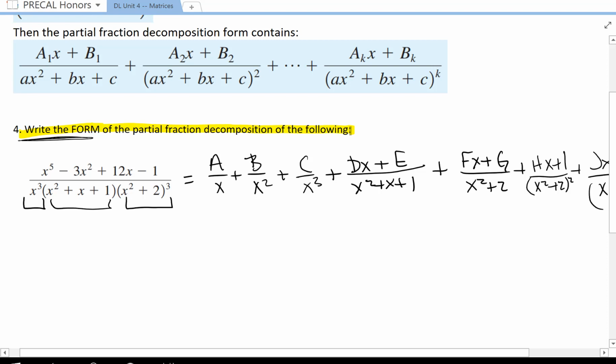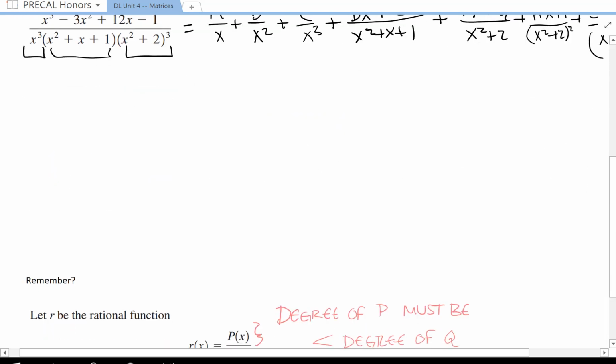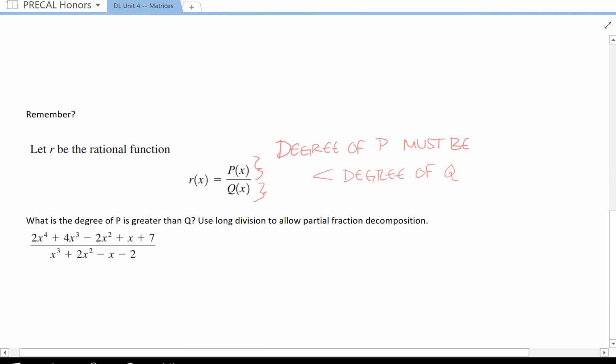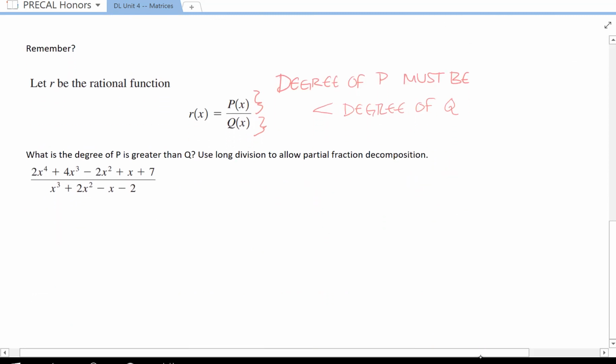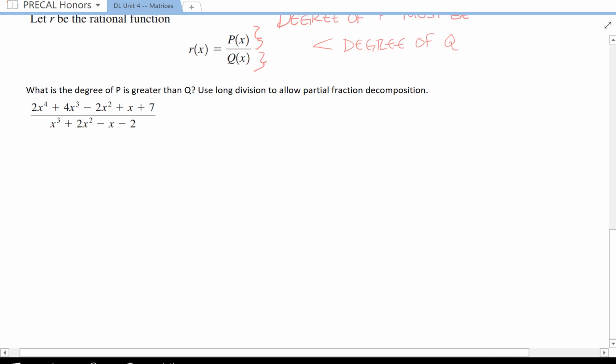Thankfully, they just said write the form of the partial fraction decomposition, and we don't actually have to solve it. But remember when I said that the degree of p must be less than the degree of q? Well, if for some reason that doesn't happen, you can still use partial fraction decomposition if you use long division first. I'm going to show that right here, and not all the steps because you've done this before.